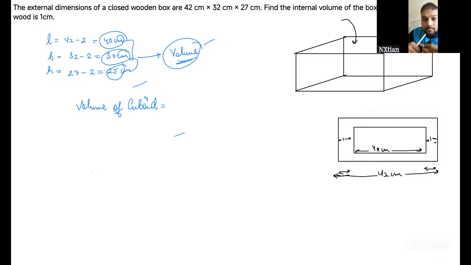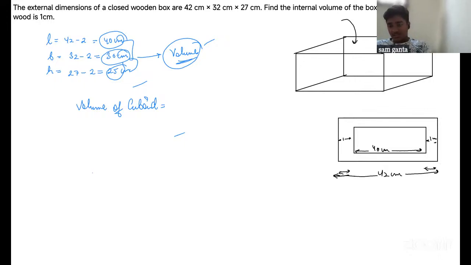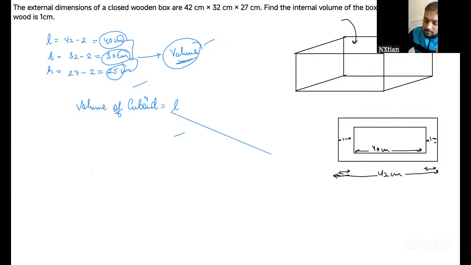Length into breadth into height. Yes. So length we got 40 centimeter, breadth we got 30 centimeter, and height we got which is 25 centimeter. Did you understand? Yeah. Next, please, Abigail.